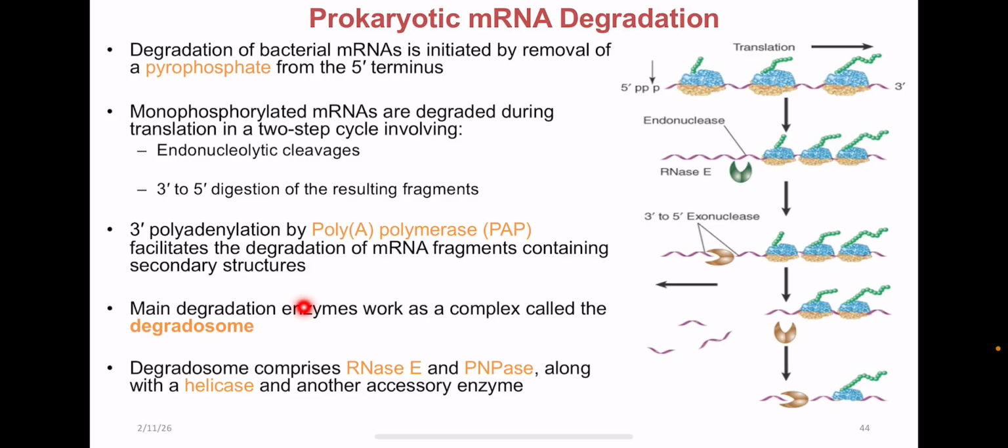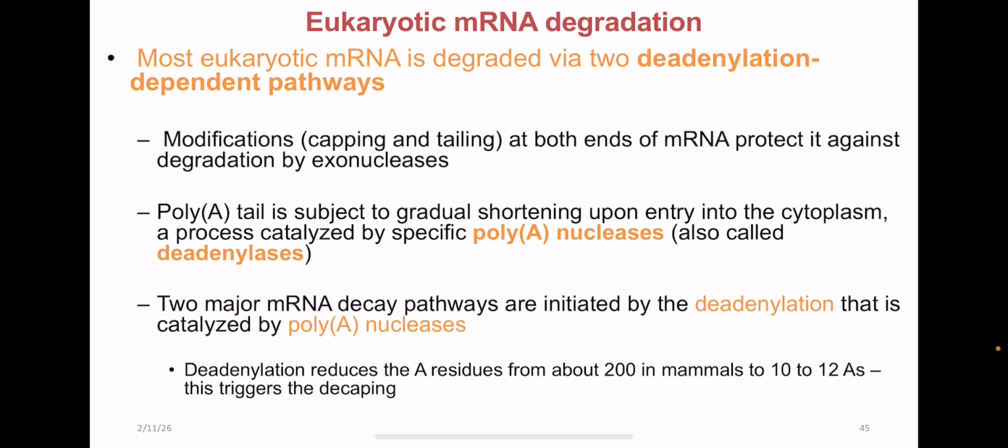The degradation machinery in prokaryotes is called the degradosome, and it comprises RNase E, PNPase, a helicase, and another accessory enzyme. RNase E is the endonuclease. PNPase is the poly A polymerase. Helicase is what opens up the RNA strand in case the RNA has formed secondary structures. So that's for prokaryotes.